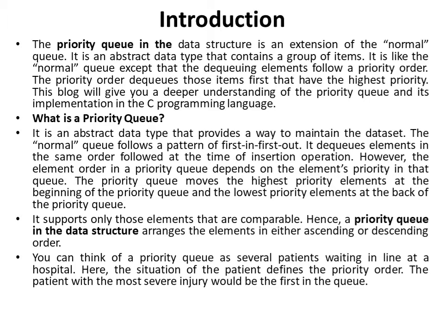Assume that there are 100 patients waiting for a doctor. If any emergency comes at that time, all these will be left and the first preference is given to the emergency patient. That preference is called priority. That means that priority is implemented in a queue, therefore it is called a priority queue.